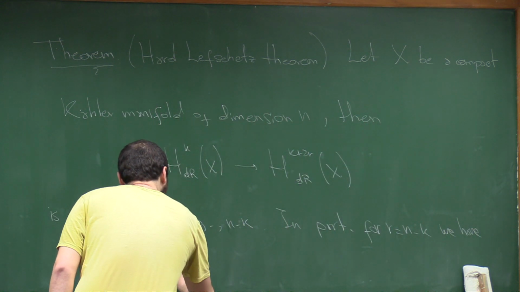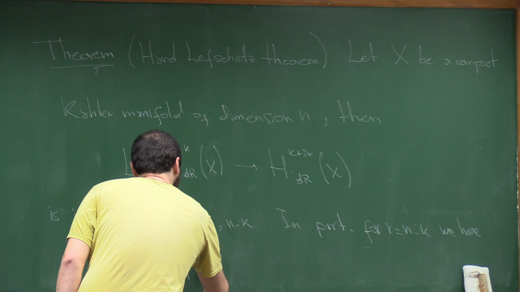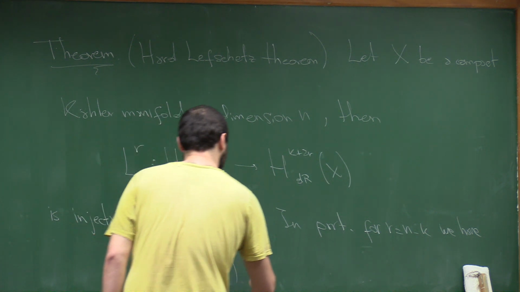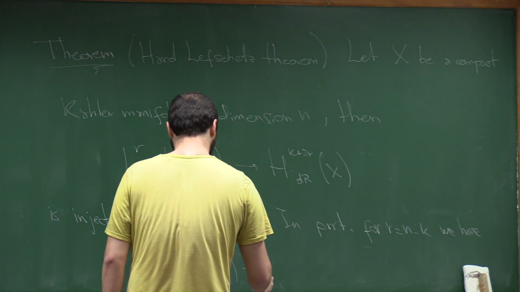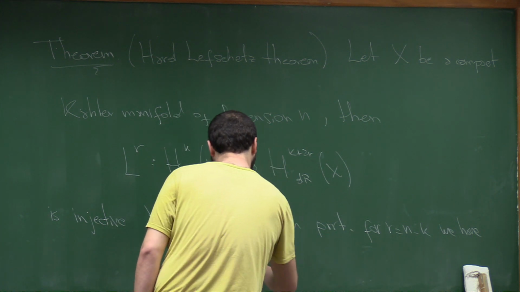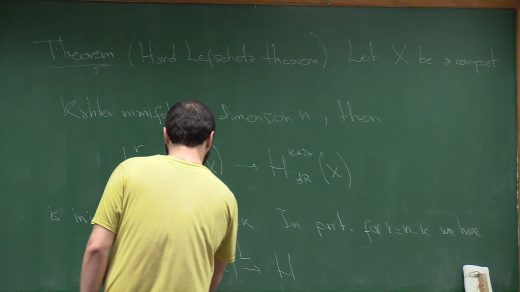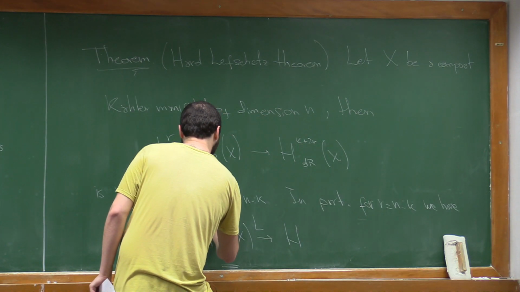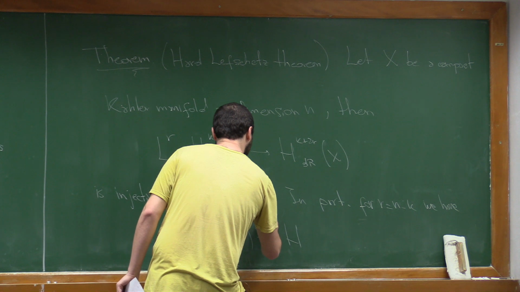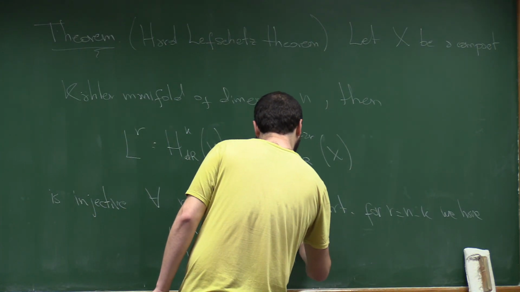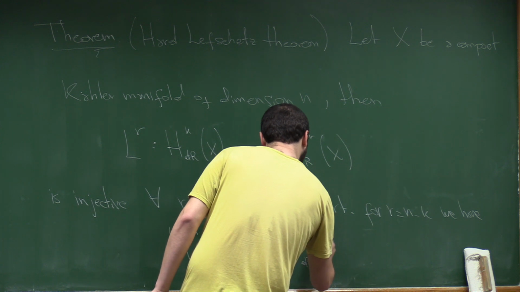Right, this is L^{n-k} from H^k_dR(X) to H^{2n-k}_dR(X).